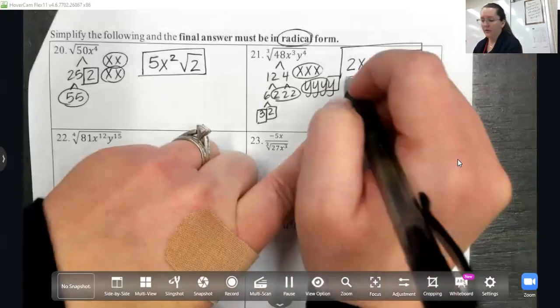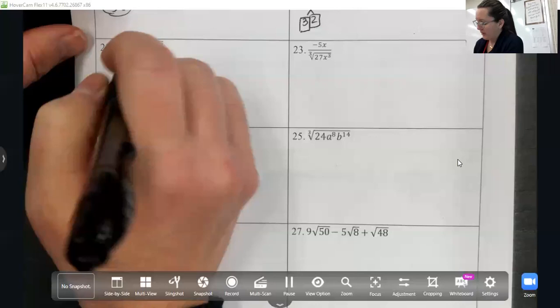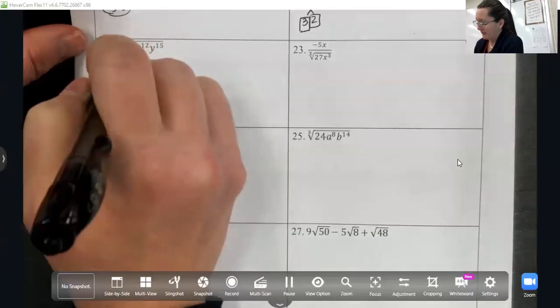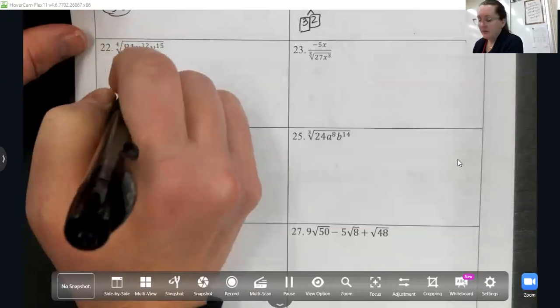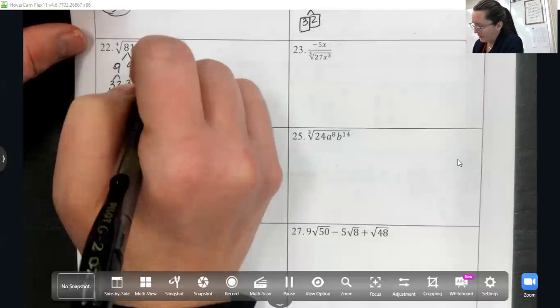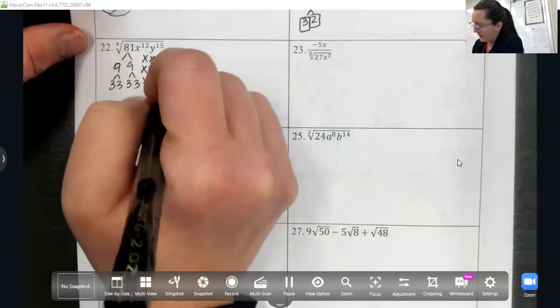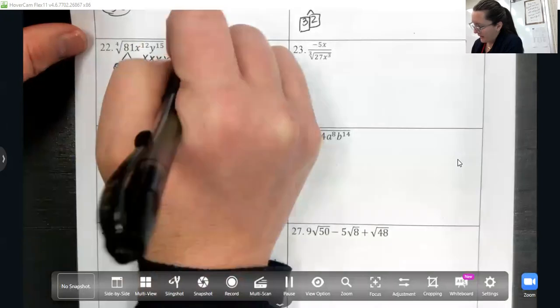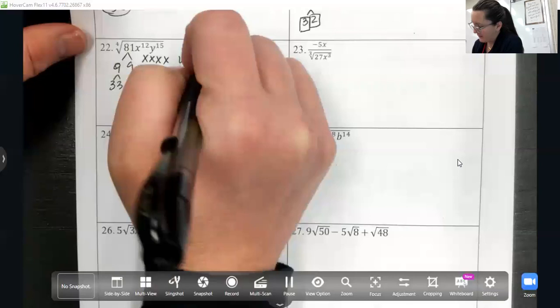This is what I know that you're really good at, simplifying. All right, looking for groups of 4. This is 9 and 9. See how you didn't really need a calculator? And then we have 12 x's. So you can do our trick of dividing, or you can write them all out. Either way, it doesn't matter to me. And then 15 y's. That's 8.